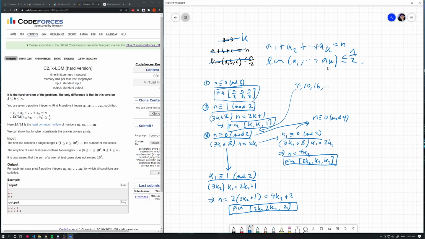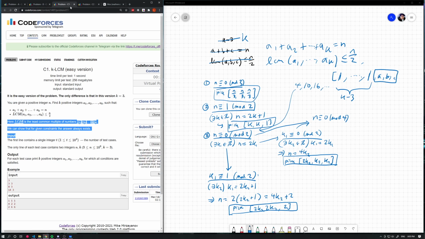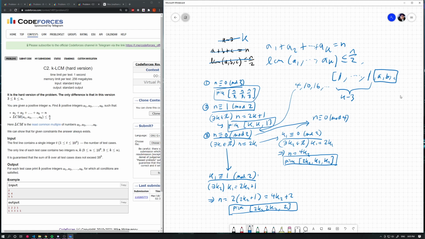And so basically the idea is that you just keep picking ones for the first k minus 3 elements, and then you run this algorithm from C1 to get the last 3 numbers, with n minus k minus 3.